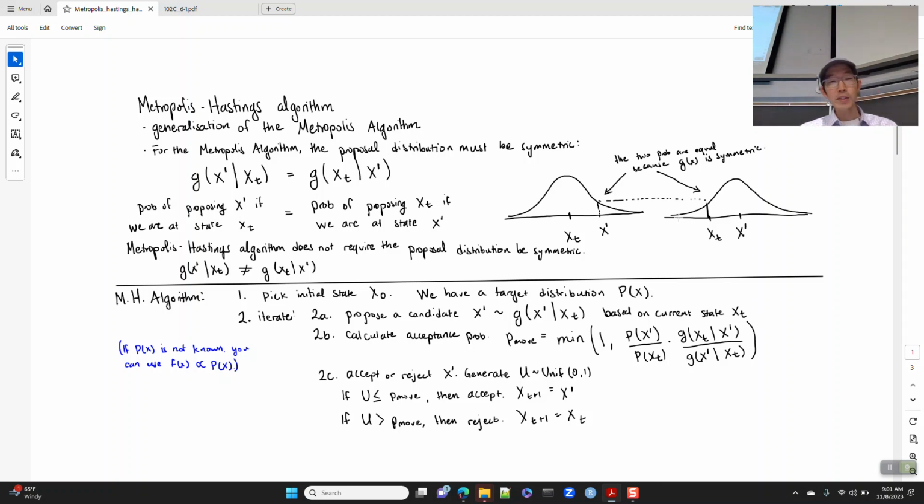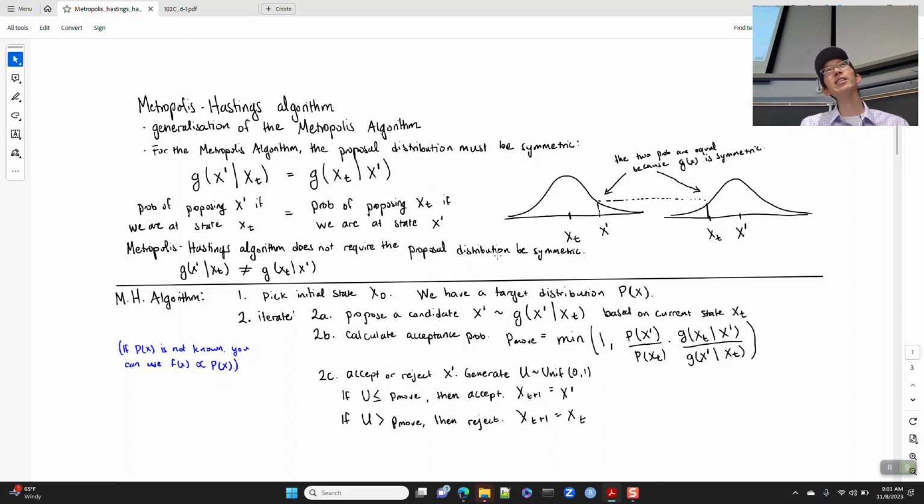The Metropolis-Hastings algorithm does not require that the proposal distribution be symmetric. It is possible for these two things to be unequal. And I would say in a lot of cases we end up using a symmetric one, like the normal distribution, but Metropolis-Hastings just doesn't require that restriction.